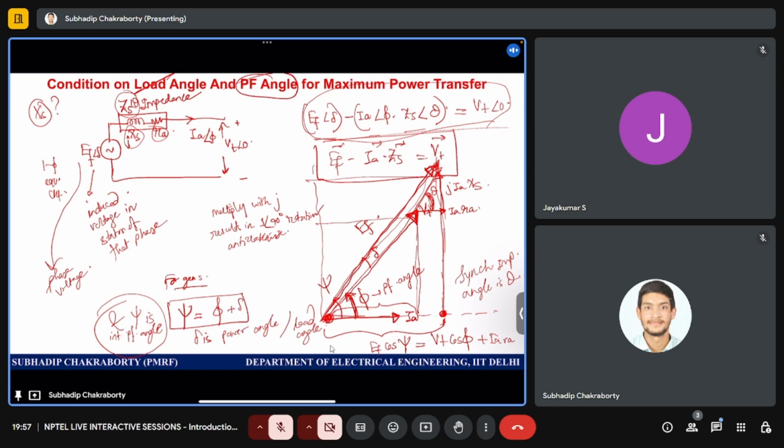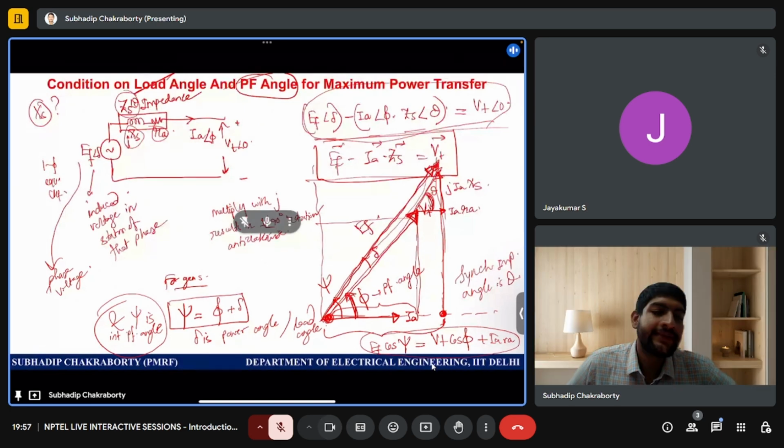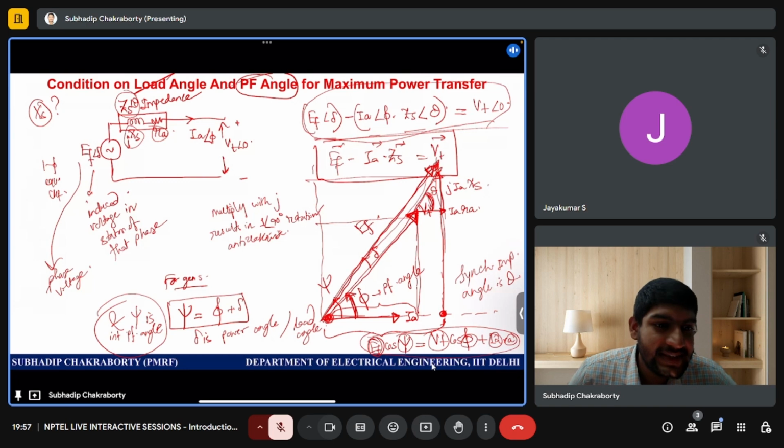What is the advantage? You are doing the amplitude breakups, so you don't have to do any phasor analysis. You don't have to take any angle. You only plug in the magnitudes of EF, psi, VT, phi, IA, RA. Don't need to bother about vector addition or phasor summation, or tackle your scientific calculator phasor summation.